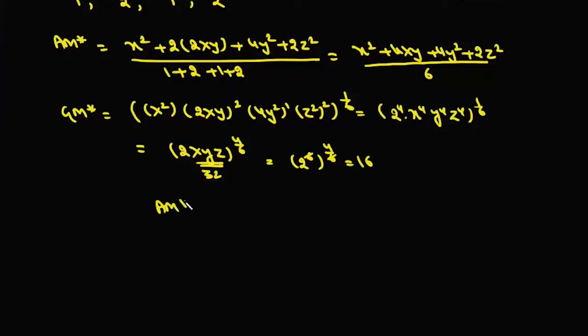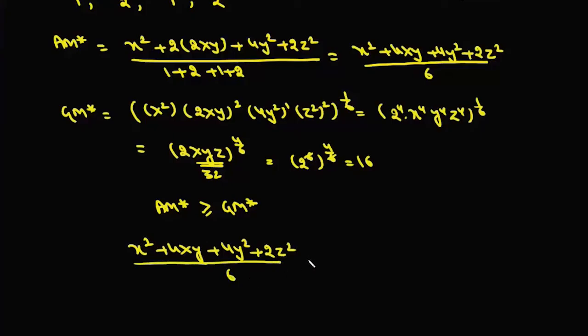We know that weighted AM is always greater than or equal to weighted GM. So from here we can write x square plus 4xy plus 4y square plus 2z square divided by 6 is always greater than or equal to 16.